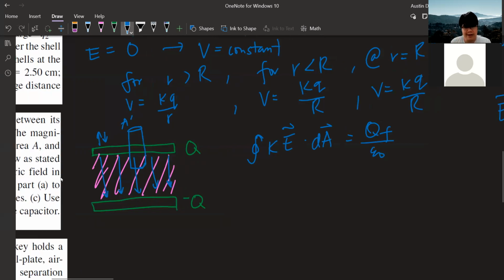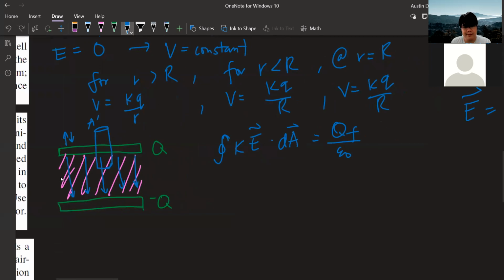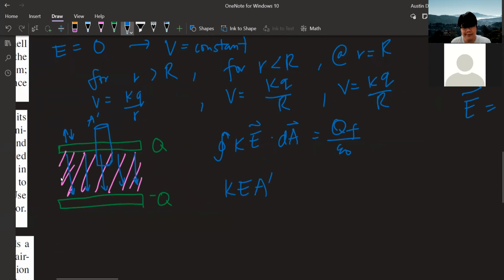Okay, so let's do that. K E A prime must be equal to, ano na enclose kong charge? So this part is just Q over A, density ng plate ko.